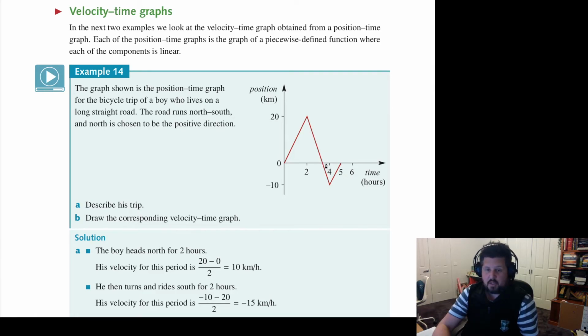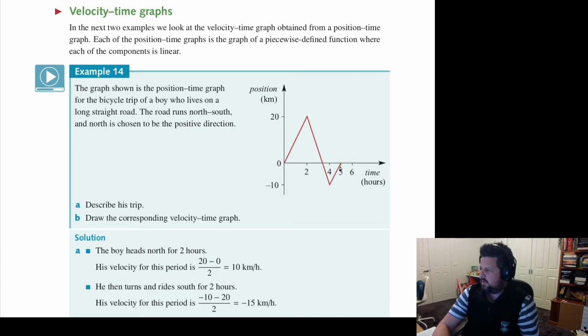Again, you can calculate his velocity for that period. It's the change in position divided by the change in time. So he's gone from positive 20 to negative 10. So negative 10 take away the 20, divided by the change in time from 2 to 4, that's 2 hours. His velocity for that period is negative 15 kilometers per hour.